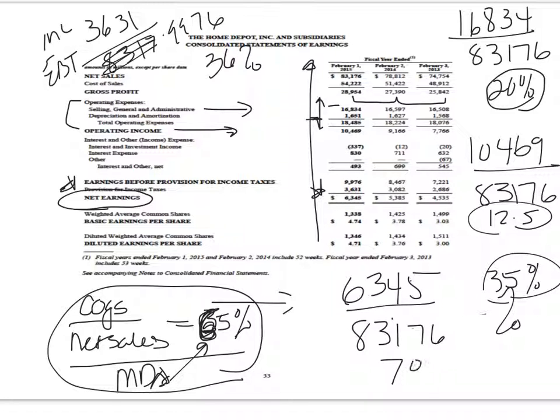And so our net earnings or our net profit margin for the Home Depot for 2015 here is 7%. Okay, so that's how we come up with that.